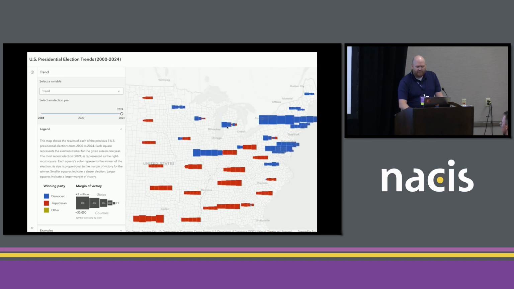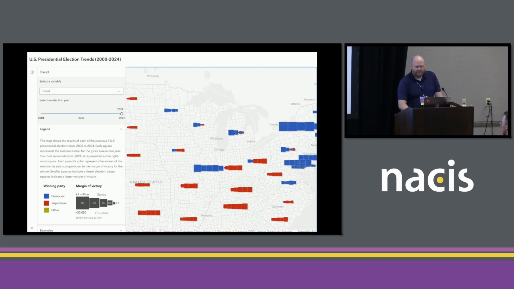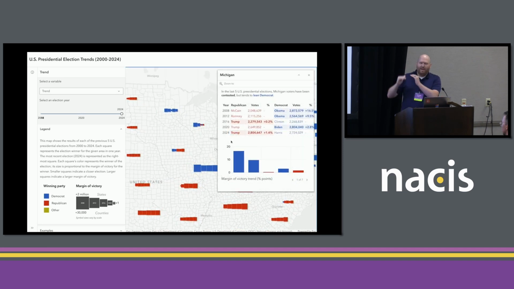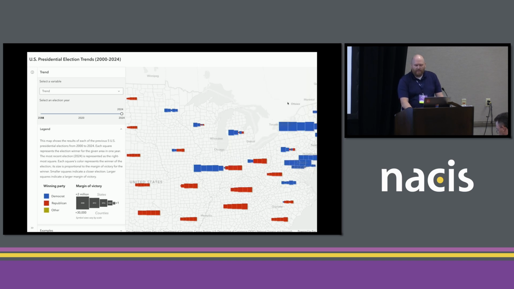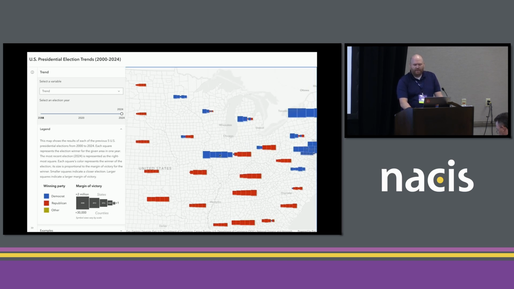And then you see states in the Midwest here, where they have more contested elections. And so in the pop-up, I like to try to summarize that. It was contested here, but it tends to lean Democrat. This is also really good at showing aberrations in the pattern.